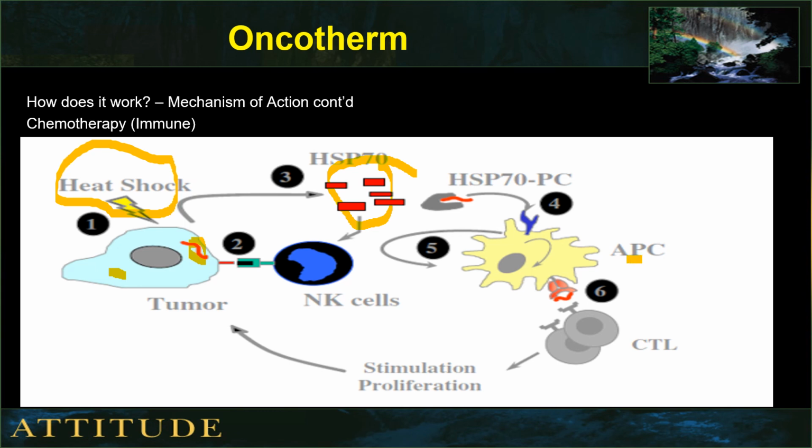That's what APC is. It then presents that to the circulating T cells right here, which see that and create a response. That's your adaptive response. So this whole slide is in essence an indication of how the immune system could feasibly be working in going after the actual cancer itself.